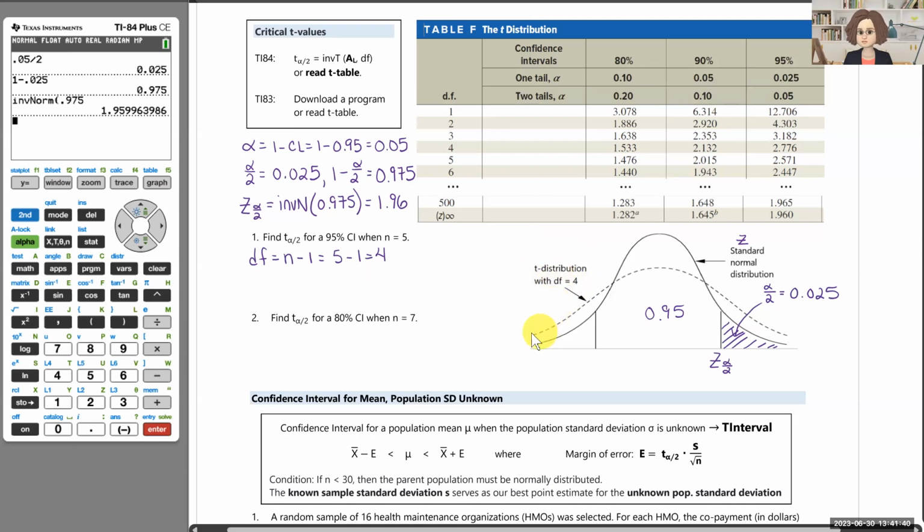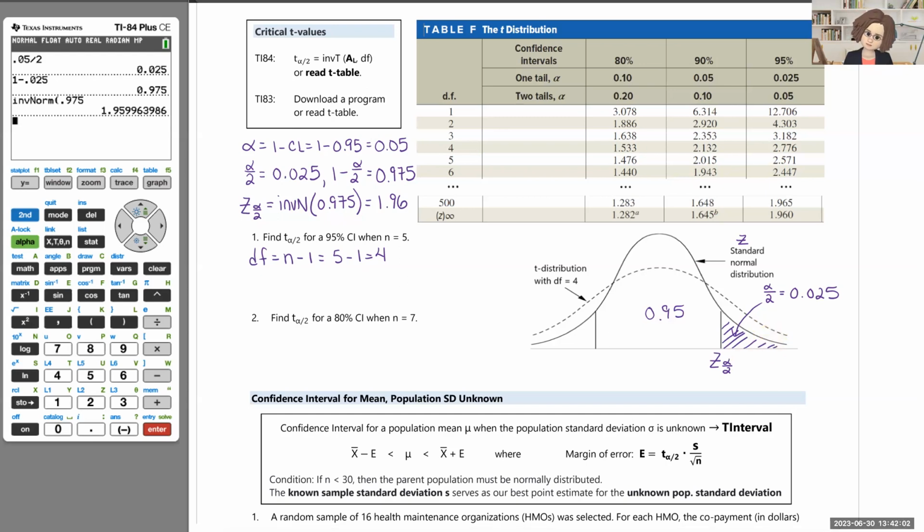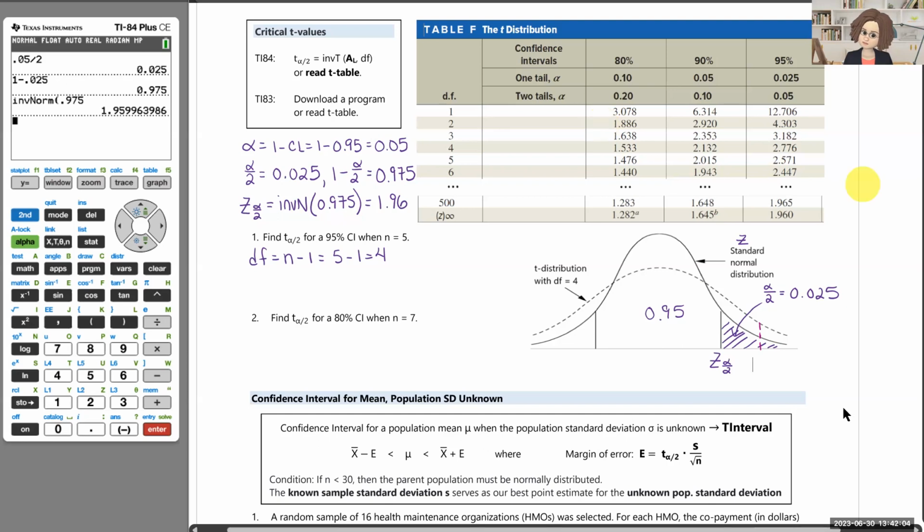So this t-distribution is shorter than a z and wider. So if I still want to have 95% of the area covered in the center because the graph got shorter, in order to keep that area at 95%, we're going to have to go further out on our number line. So I'm just going to draw a dotted line over here.